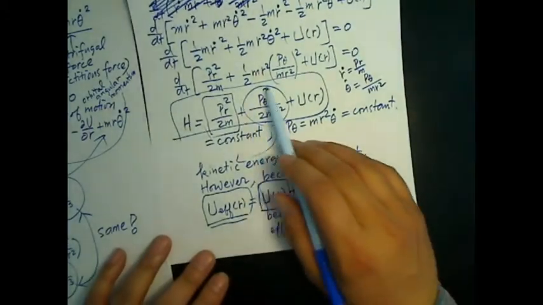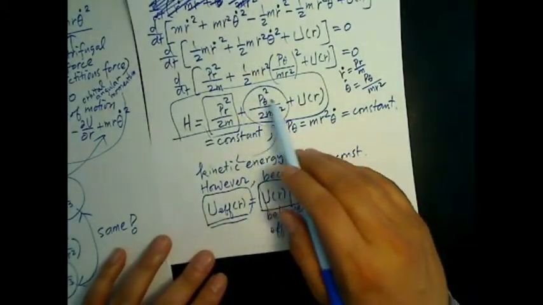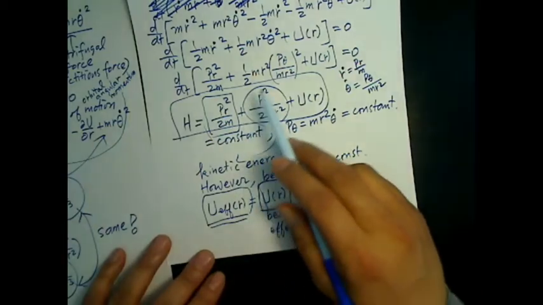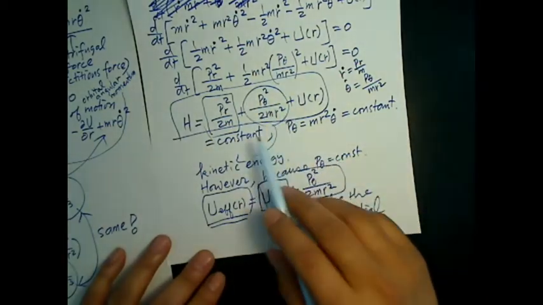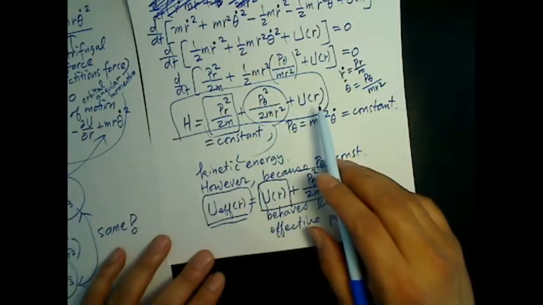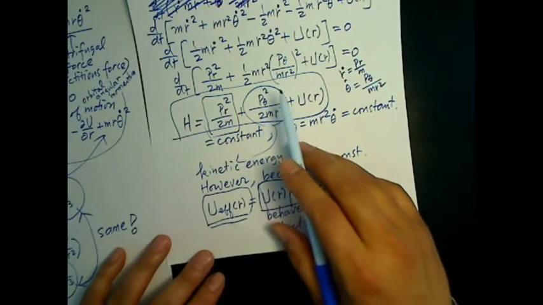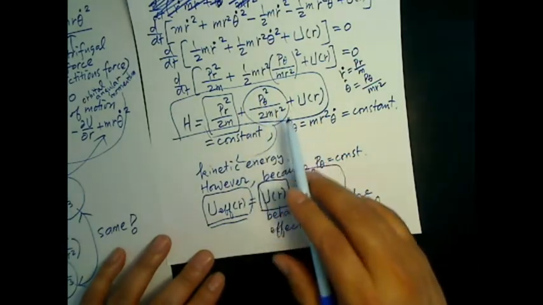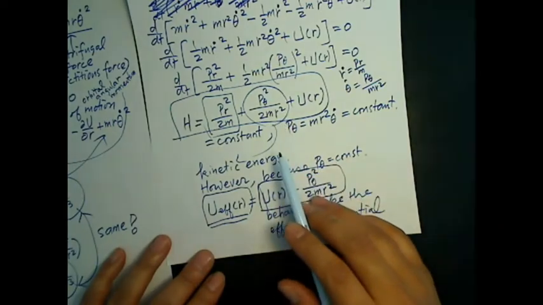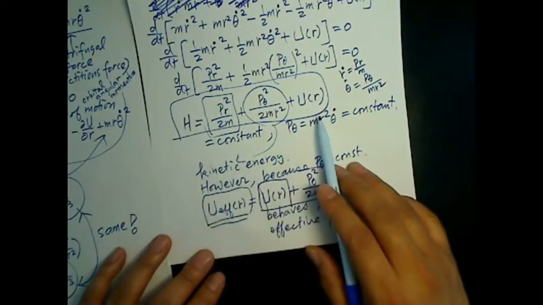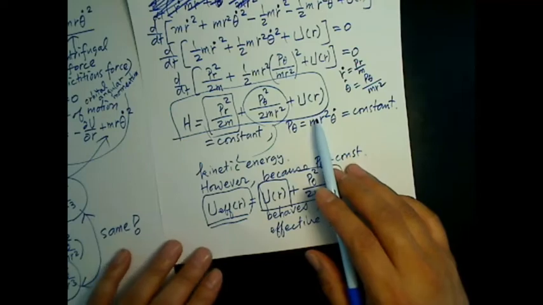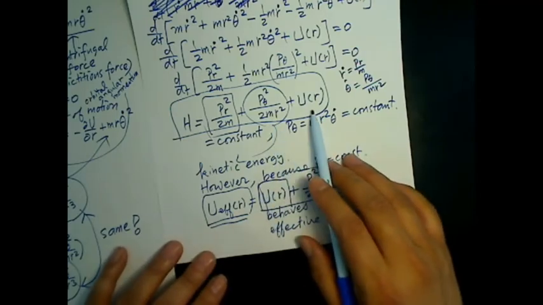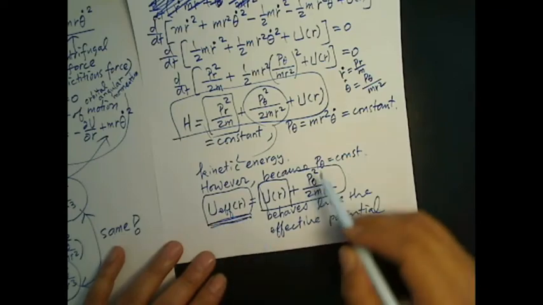So this rotational kinetic energy contribution can be treated as additional potential energy, even if it is not a potential energy at all. It is just the kinetic energy of rotation. In the sense of a one-dimensional problem, I can insert it in here as a potential. So let me call this the effective potential: this rotational kinetic energy, plus potential energy.